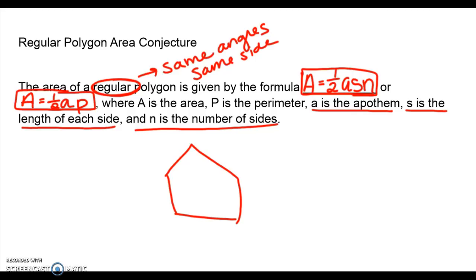Okay, so it can't be used in a non-regular polygon, only regular polygons. Okay, so all of the sides would be congruent and all of the angles would be congruent. Okay, and we take that apothem and we'd multiply it by 1/2, and then we'd also multiply it by the perimeter of the shape. And that's true for all polygons. So all polygons, not just pentagons or hexagons or anything like that, can be used for everything.